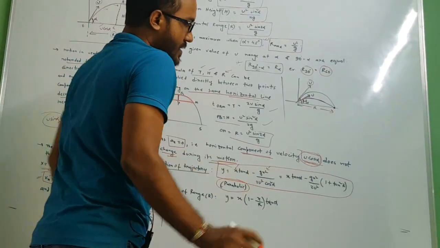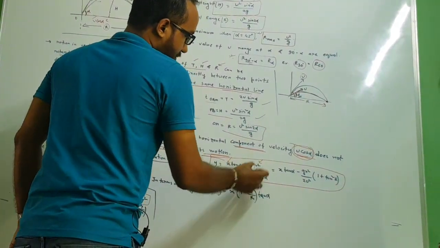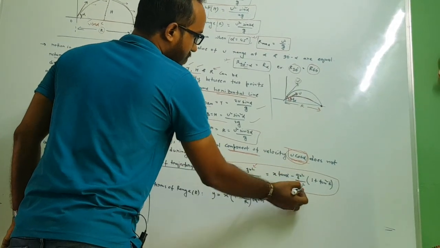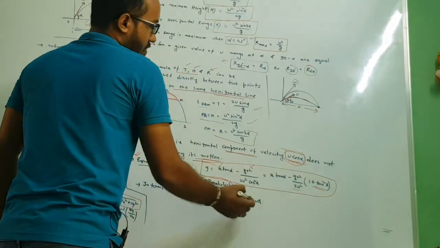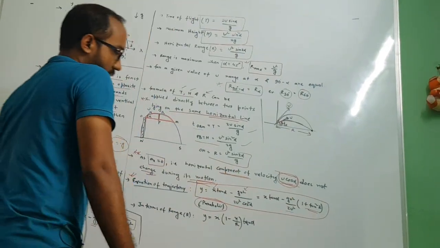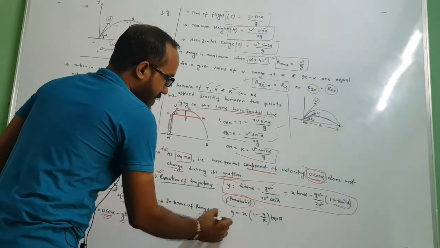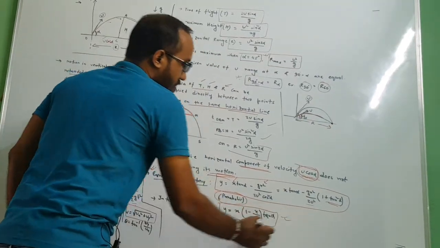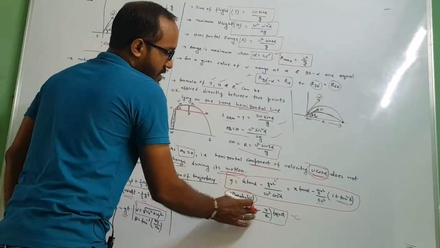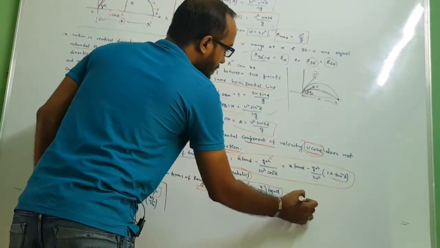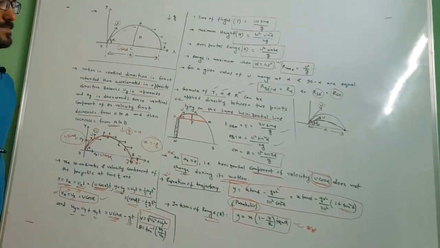You can write this as x tan alpha minus g x square by 2 u square into (1 plus tan square alpha), because 1 by cos square alpha is sec square alpha, and sec square alpha is 1 plus tan square alpha. And in terms of range, sometimes they ask, the equation of projectile motion would be y equals x into (1 minus x by R) tan alpha. Remember this also, this is extremely important.